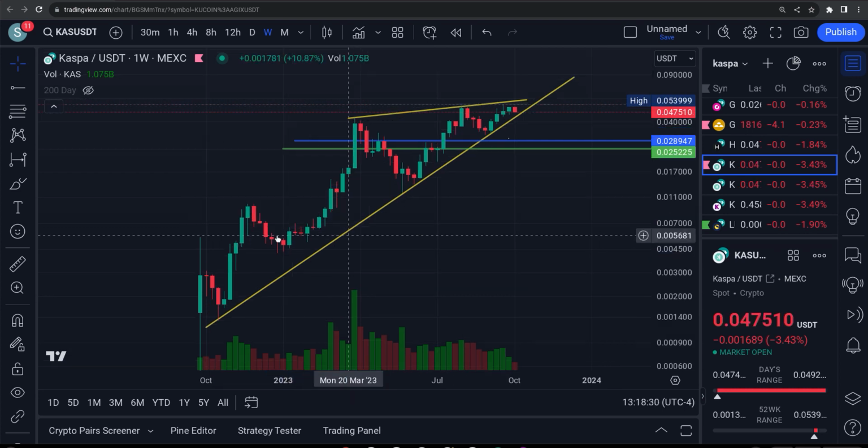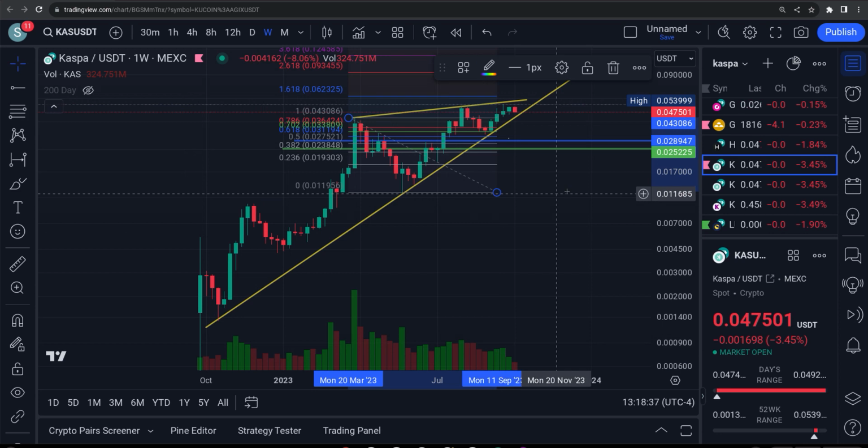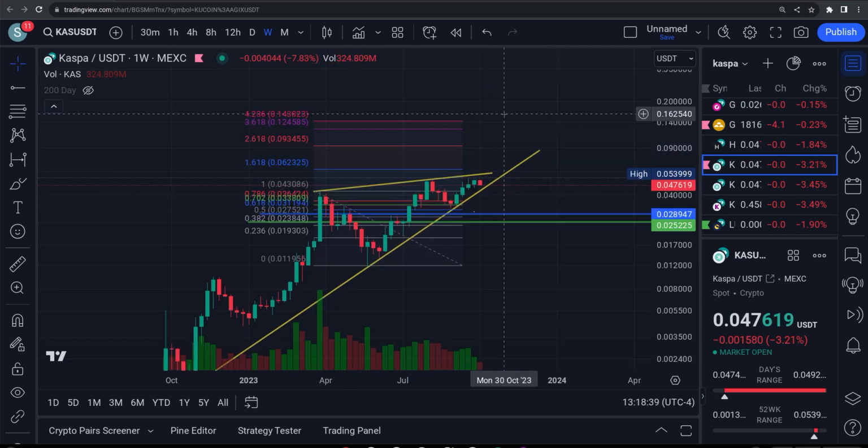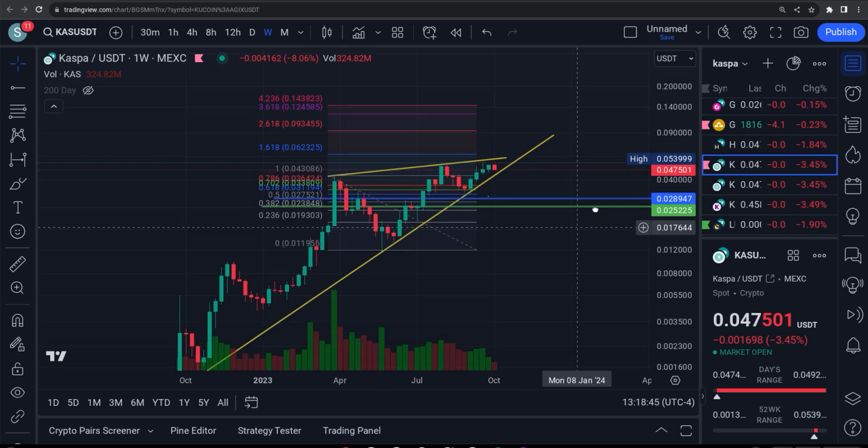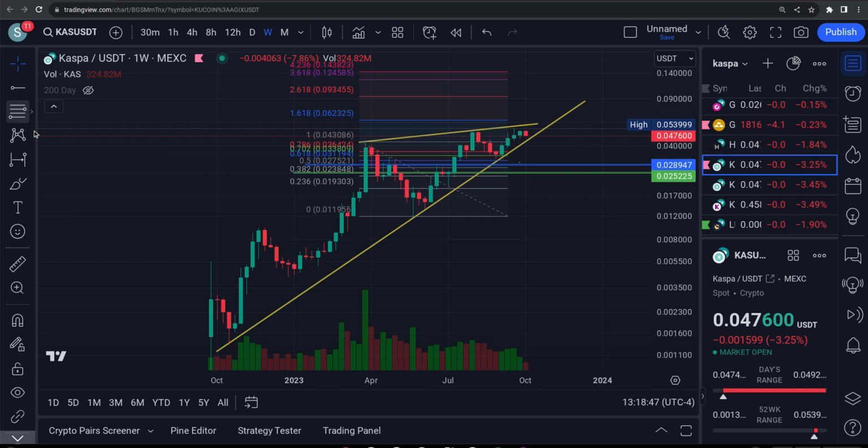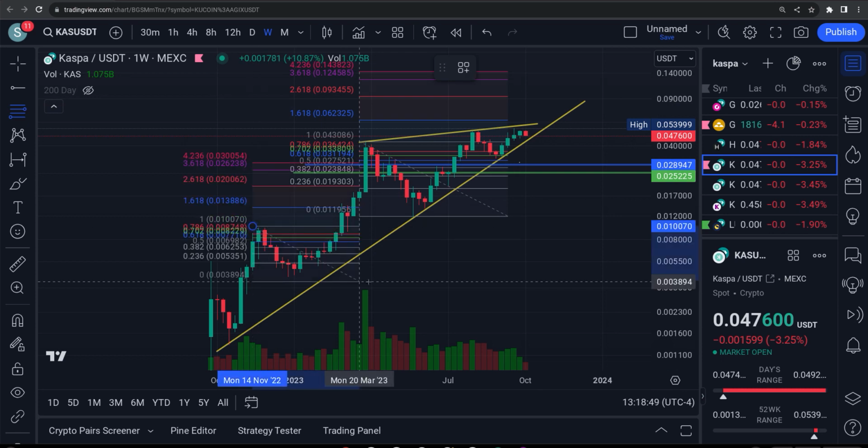All right, now the next one. This is where you can really notice the momentum loss. This gave it a target of 14 cents. Then what did it get up to? 0.053. So you can see, like I said, each one of these waves.